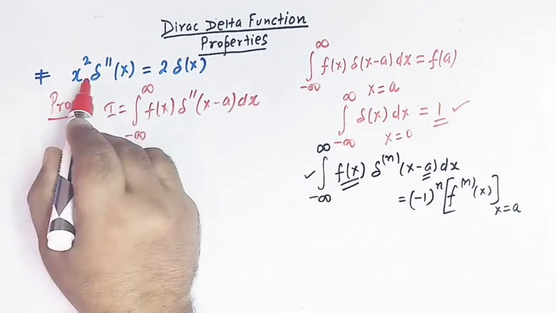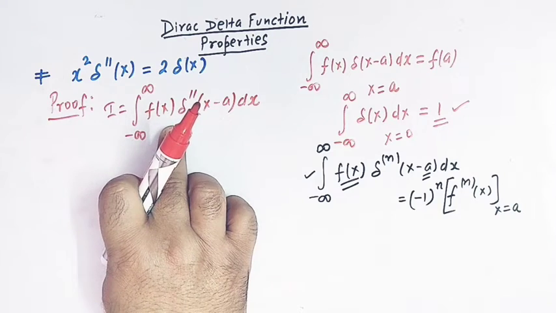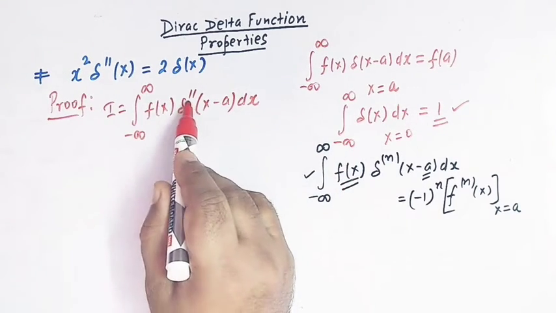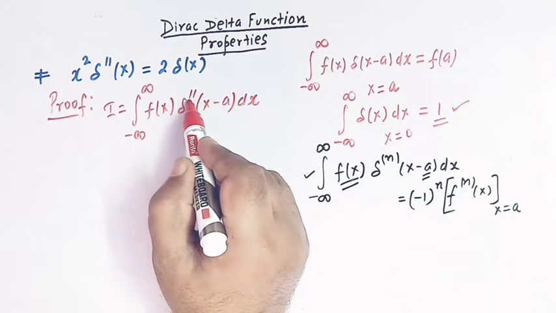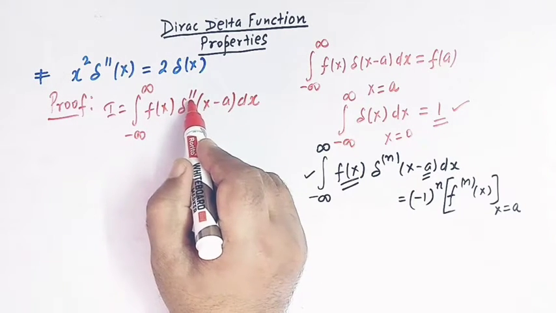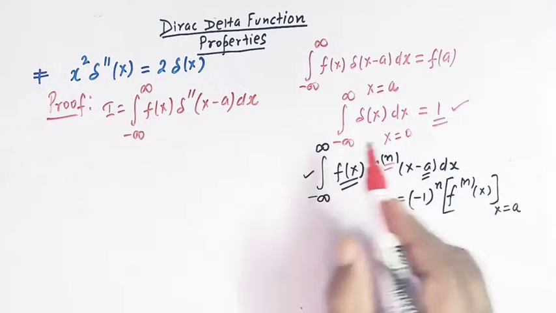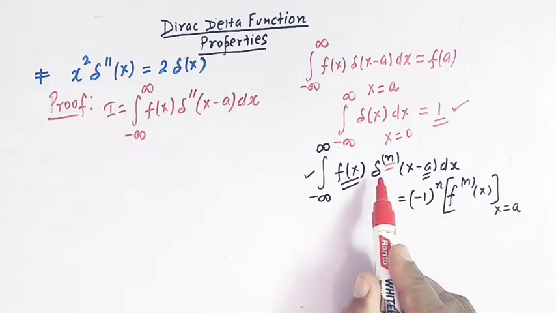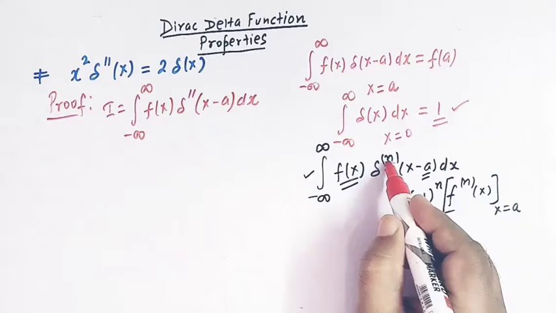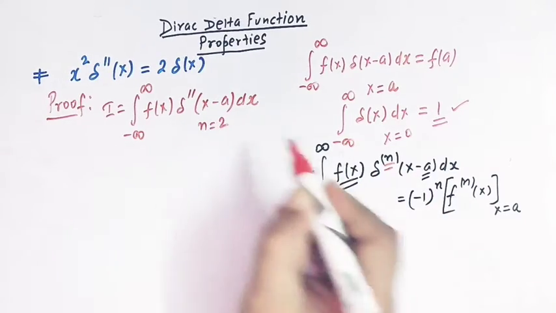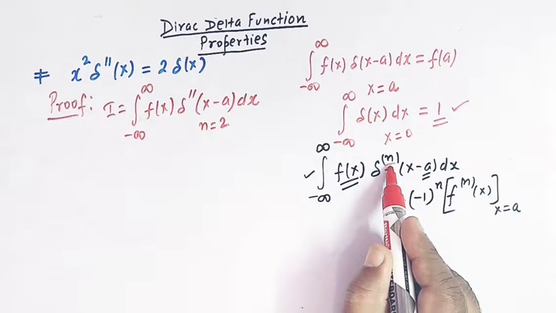Here the double prime indicates the second derivative of the delta function, so we have taken n is equal to 2 in this expression.